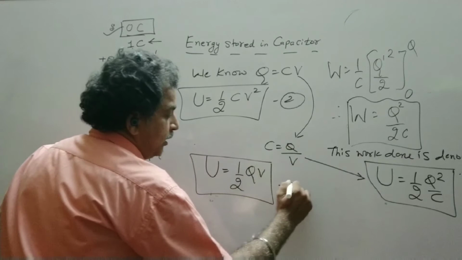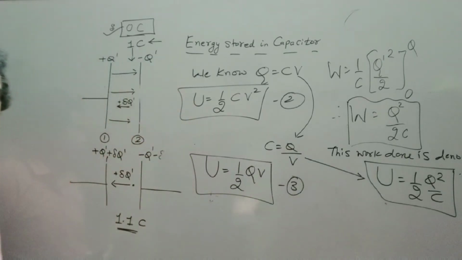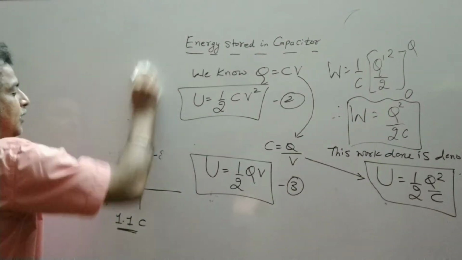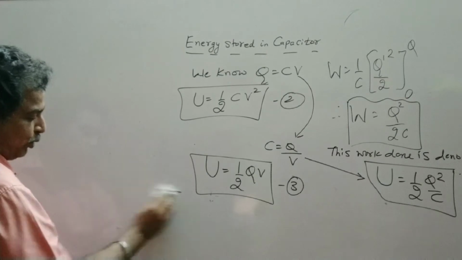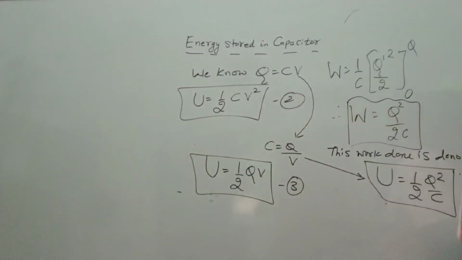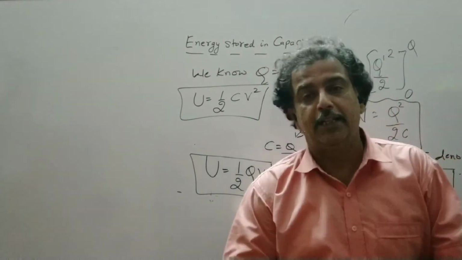So we have three different forms or three expressions for the energy stored in a capacitor. Depending upon the values given to us, we can use any of these expressions in the numerical. So this is how the capacitor stores energy.